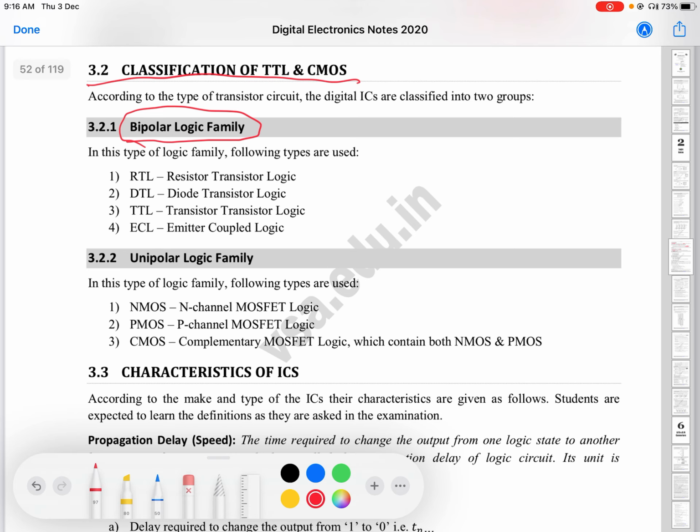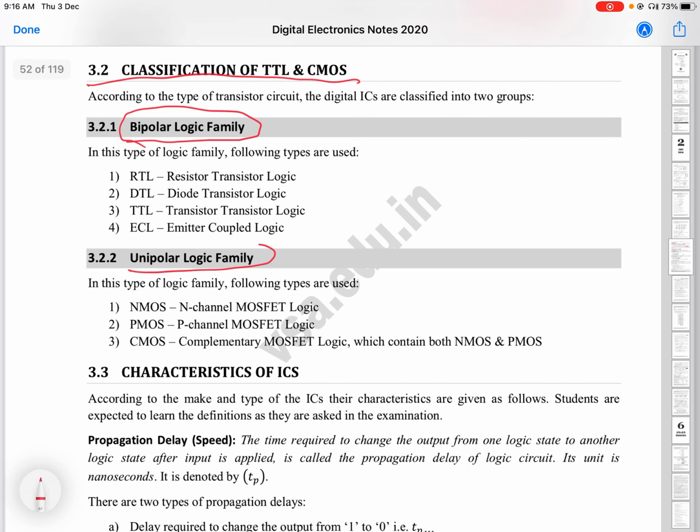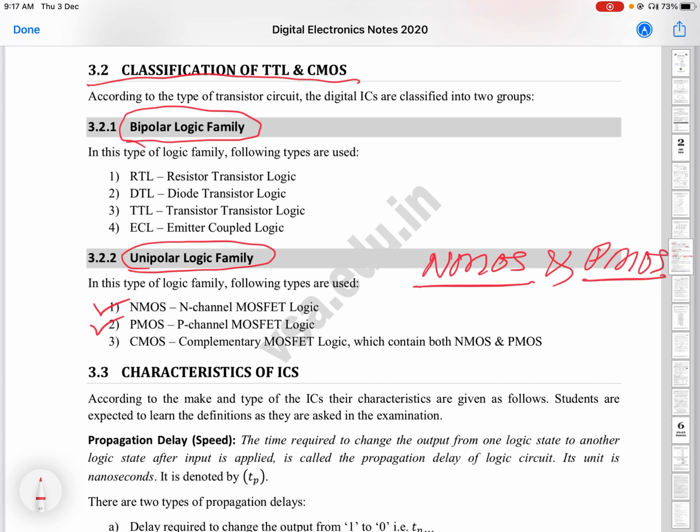And the next one is unipolar logic family. Now in unipolar logic families, we particularly use these two types of transistors, the NMOS and the PMOS. The NMOS stands for negative metal oxide semiconductor and PMOS stands for positive metal oxide semiconductor.